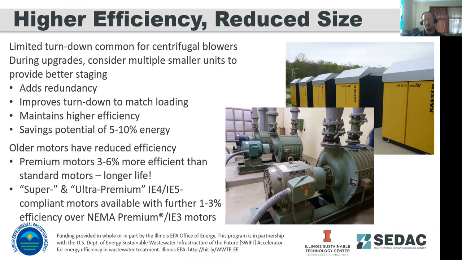One of the things we see a lot of plants, as I mentioned earlier, they tend to be oversized in planning for future population growth. What that tends to lead to is for blower systems that are oversized, you see throttling on those systems. You can see here an example of a multi-stage centrifugal blower system with butterfly inlet valves.